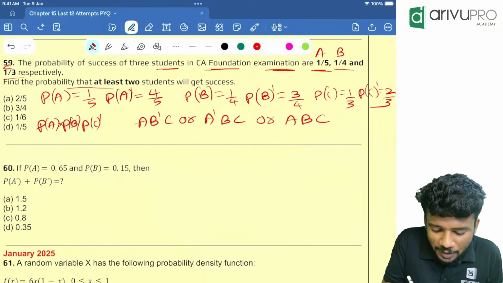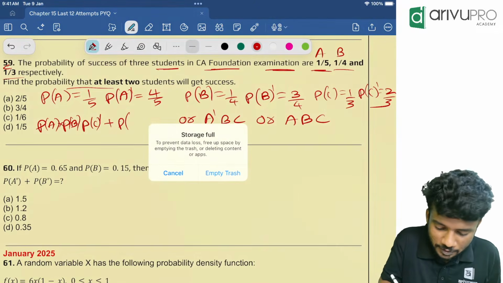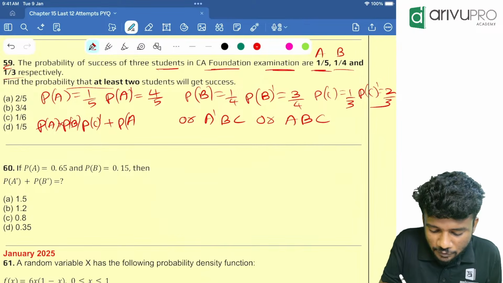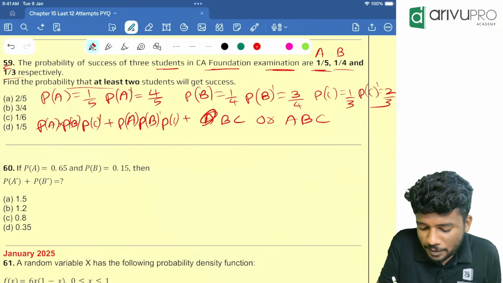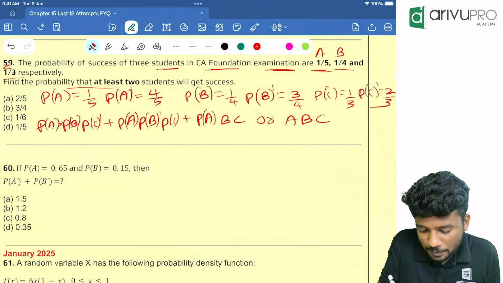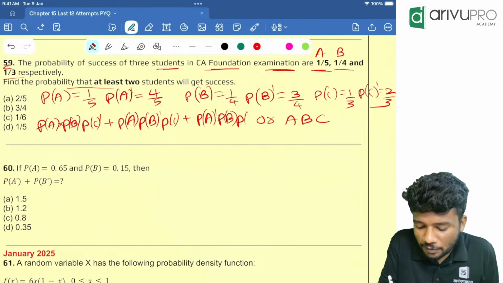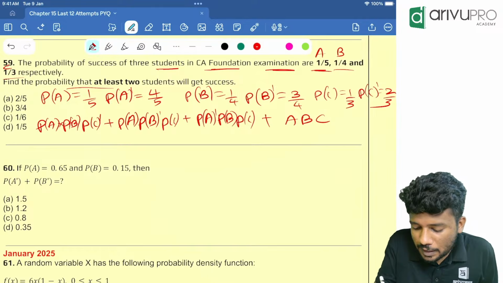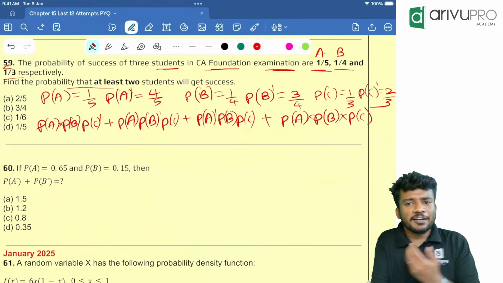Or means plus sign you will write. Here it will be P of A into P of B complement into P of C. Or means again plus. P of A complement, then P of B into P of C. Or again plus P of A into P of B into P of C. This is the way of writing, people.